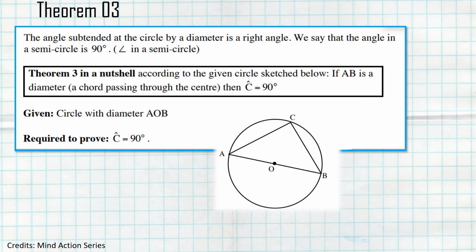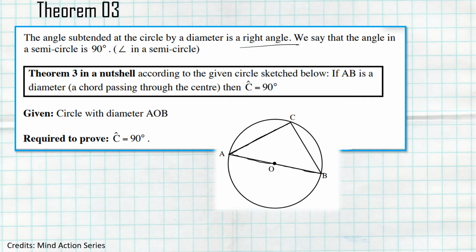Okay, theorem number 3. It states that the angle subtended at the circumference of the circle by the diameter is a right angle, right? Very, very simple. So we said that that angle is in a semicircle, because you have your diameter AB here.